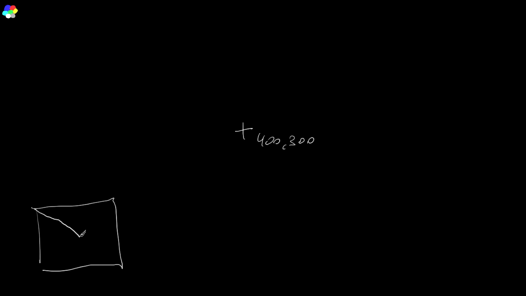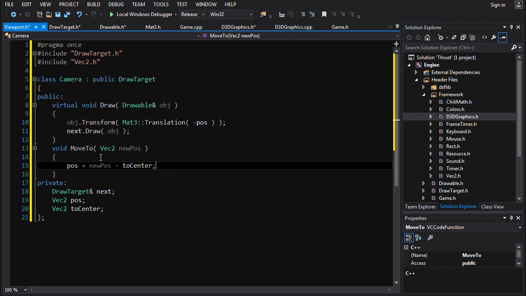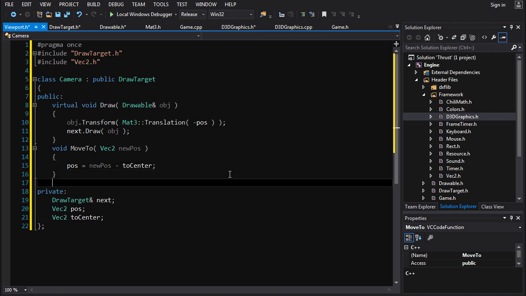So the vector to center is going to be 400, 300. So if we subtract that from this, our screen corner is going to be 0, 0. And that means that our screen is going to be positioned such that the target is going to be in the center of the screen, or the center of the viewport. So that means that subtracting is the proper way to go here. You just do a little mental experiment and see if your intuition was actually true. Works a lot of the time, I think.